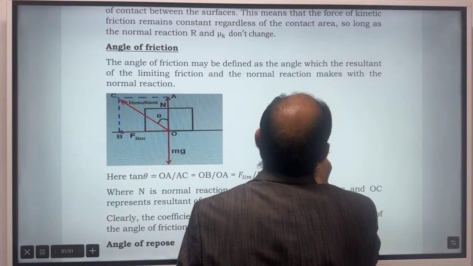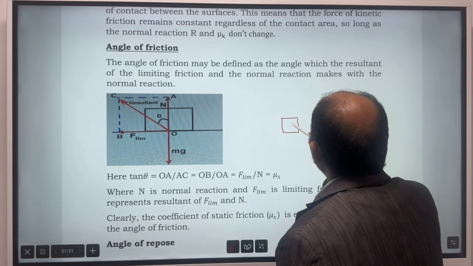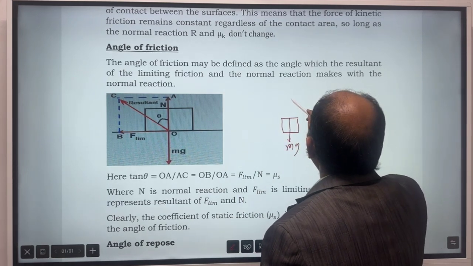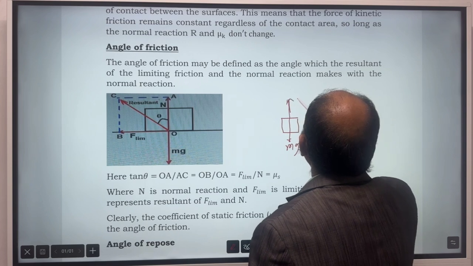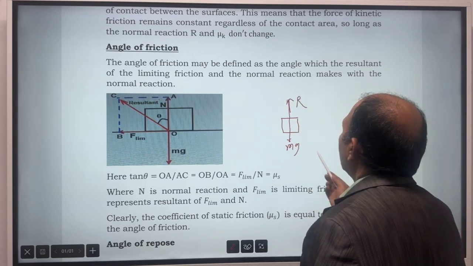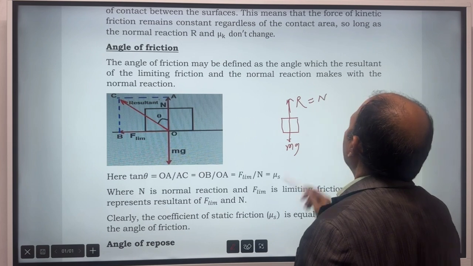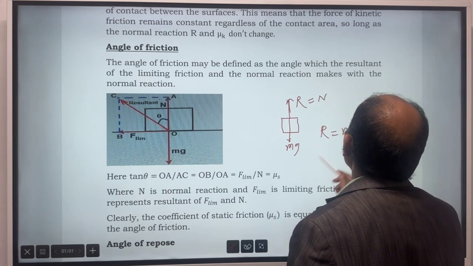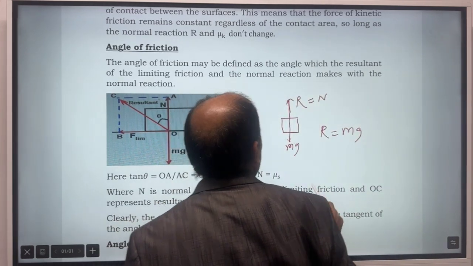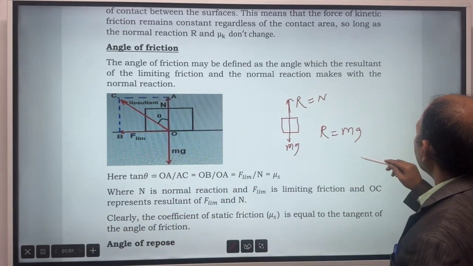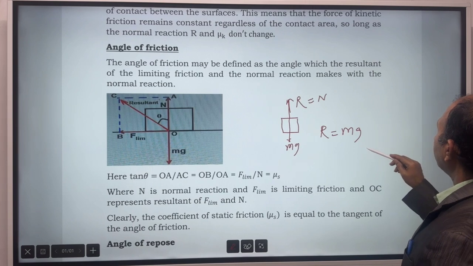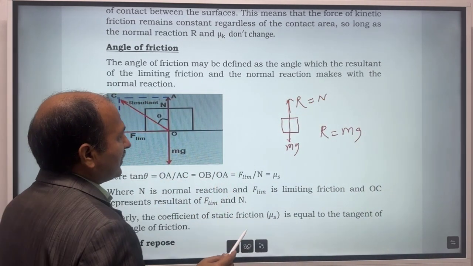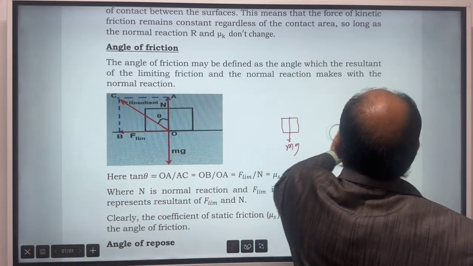Suppose the weight of the body is acting downward, mg, then just against it there is a normal reaction, written as R or sometimes capital L. So we can say R equals mg. Later on this R will change when the body is on an inclined plane, so its value will change. In that case it can be R cos theta, etc. That we will see according to the situation.